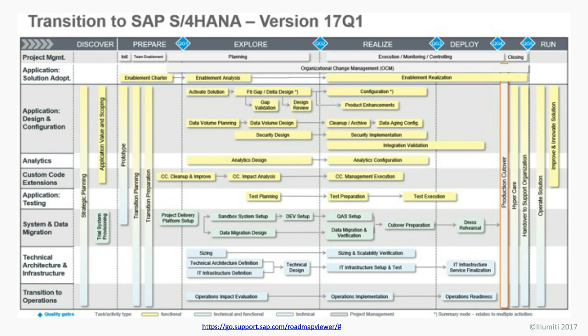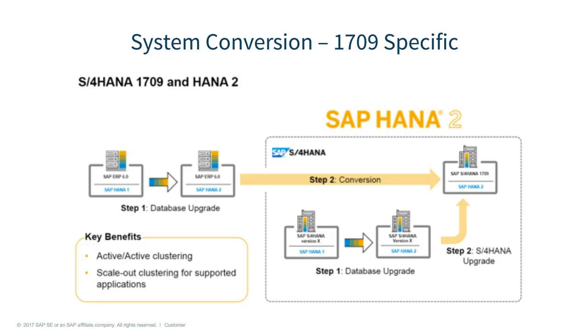There are some things about if you do decide to go to 1709, a couple of pointers I wanted to point out. So maybe you're going to wait a couple of months before you go with 1709, at least until Illumiti has done their own testing on the system, or maybe some other customers have gone there first before you. But one of the things I did want to point out is that SAP has upgraded the HANA database itself from version 1.0 to 2.0.